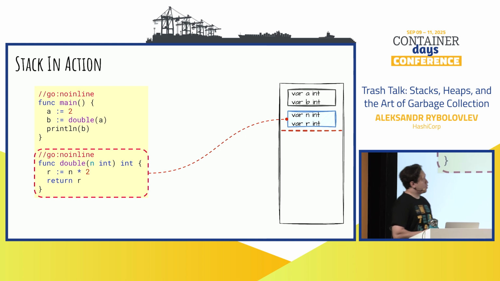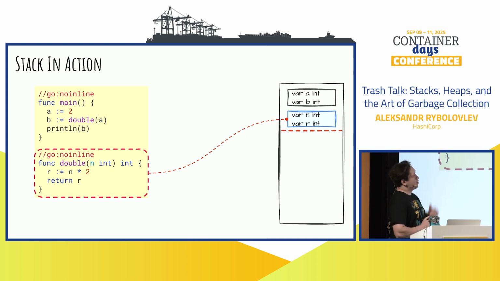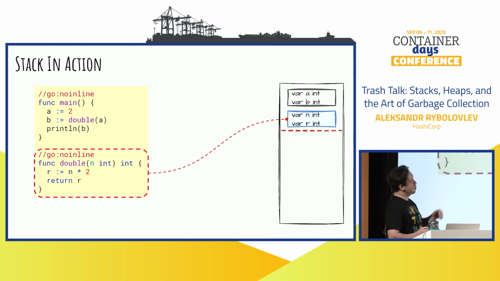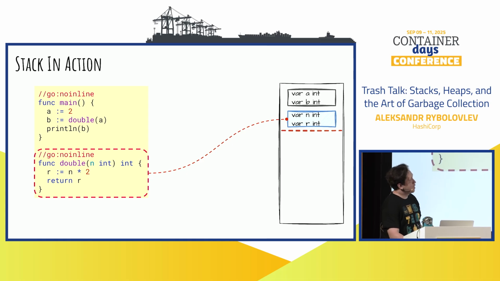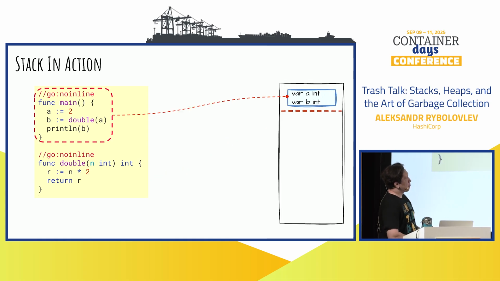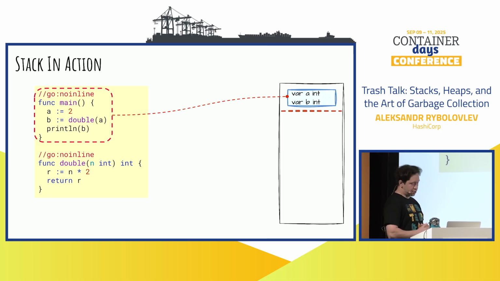Then the execution will be handed over to the double function, and at this point a stack frame again must have enough room to hold all the inputs, outputs, and local variables. In this specific example we don't have any local variables, however we have inputs and outputs. And once the double function is done, the stack pointer will move up, the previously allocated stack frame will disappear, and we are back to our original stack frame.